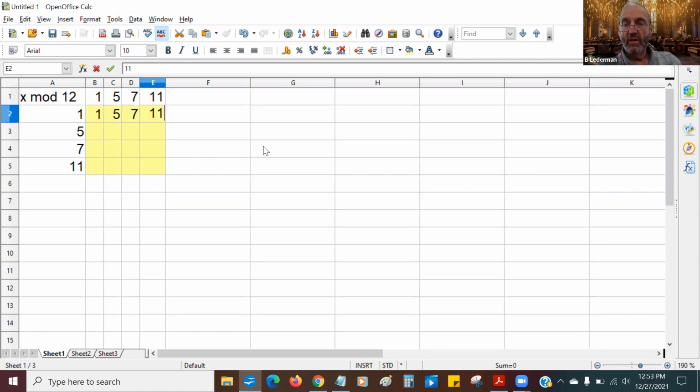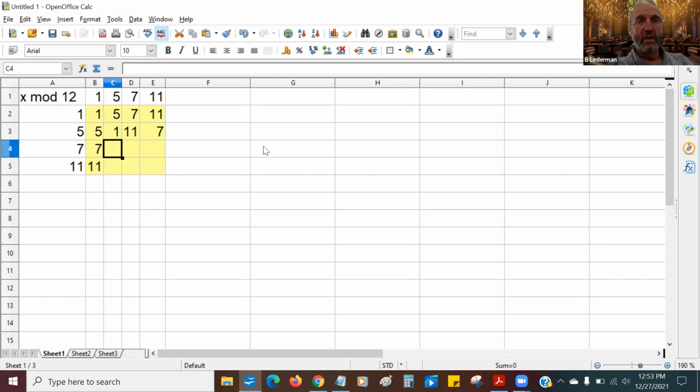That was easy. Now 5, and we can go down this way, 5, 7, 11. 5 times 5 is 25. 25 mod 12, that's 24 plus 1, so it's congruent to 1. 5 times 7 is 35. Well, 36 is a multiple of 12, so 35 is congruent to 11 mod 12. And 5 times 11 is 55. From 48 to 55 is 7.